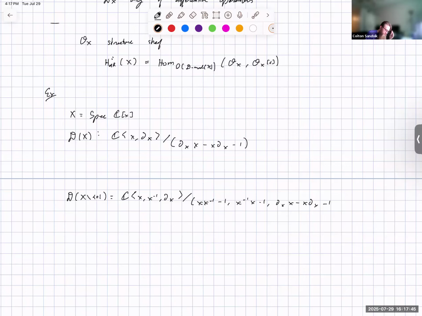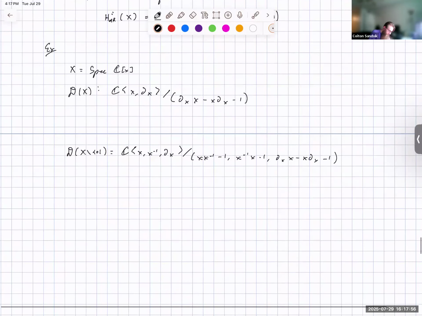I'm looking at modules in the sense of Hartshorne chapter 3, quasi-coherent sheaves, and modules over this algebra. Some information is lost if you think of it purely as a non-commutative algebra.